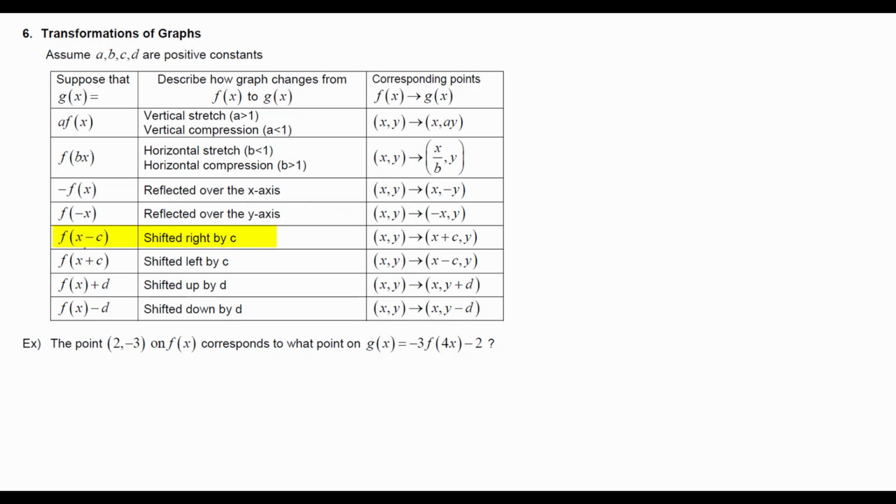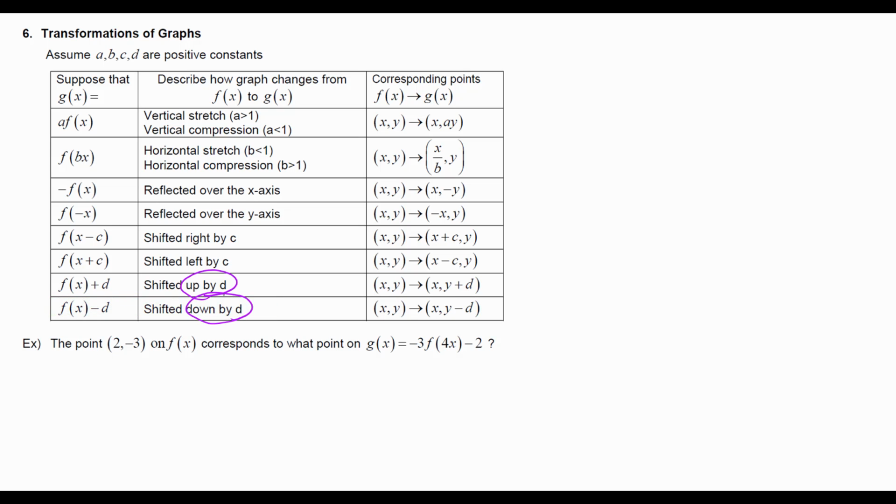If instead of x you have x minus c, it is shifted right c units. If f of x plus c, it is shifted left by c units. However, if the whole f of x is added by d units, it is shifted up by d, and if it's minus d, it is shifted down by d.